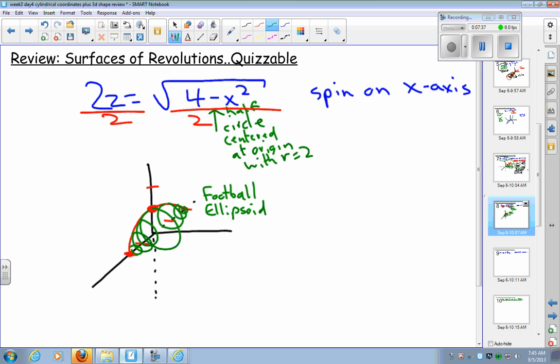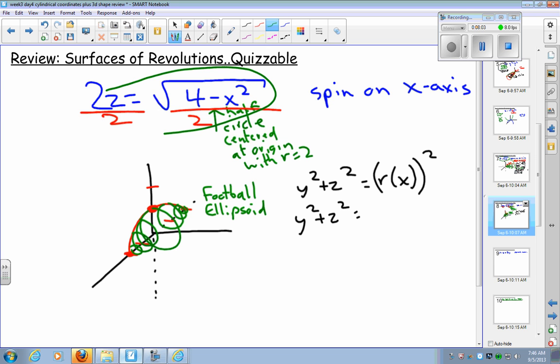Okay, so when I do that, spinning around the x gives me y squared plus z squared equals some sort of function about r of x squared. Now y squared plus z squared equals, again, luckily I have it, especially since I divided by 2, I have it right here.